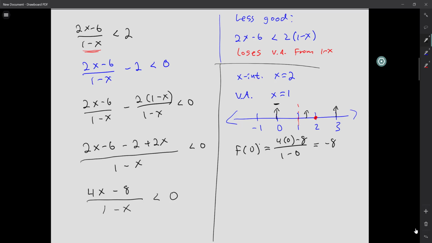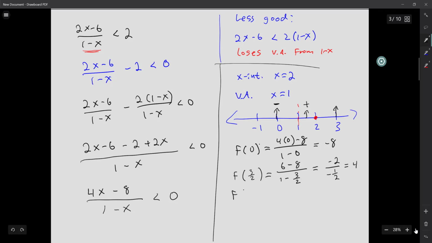Our next point is 3/2. So we've got f of 3/2. Let's see if I plug that in. That'll be 6 minus 8 all over 1 minus 3/2. Looks like it works out to minus 2 over minus 1/2. Those cancel to become positive. It'll be positive 4, it looks like, but it's positive. That's all we care about.